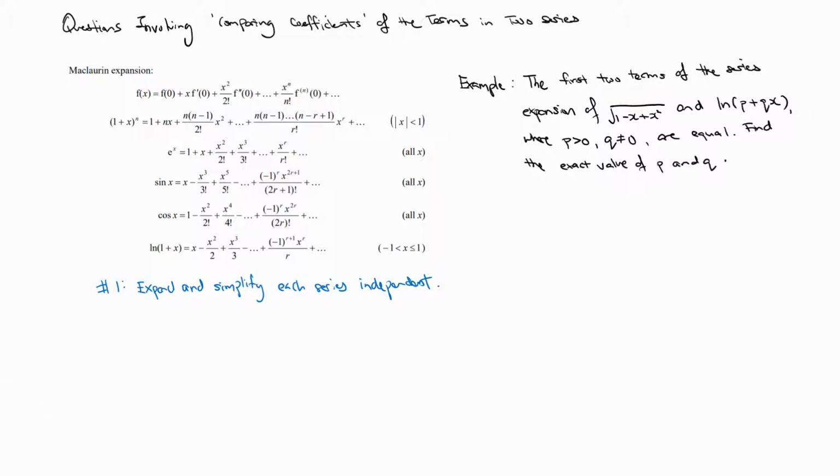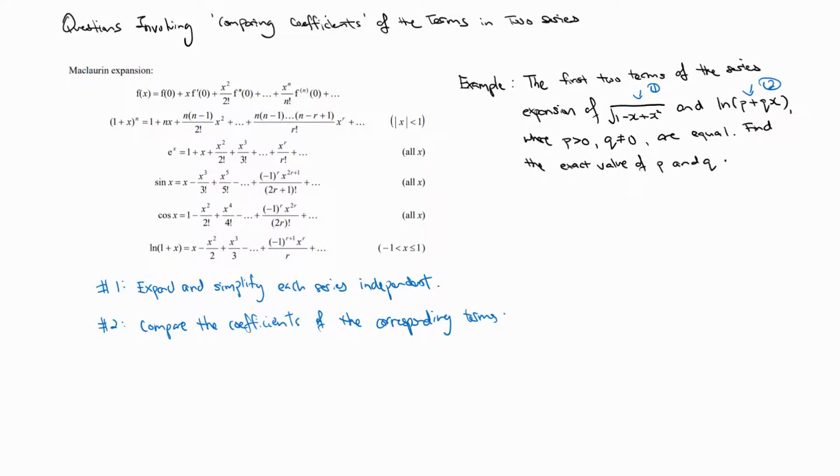The next thing, once we have that, is to compare the coefficients of the corresponding terms. You have to be very careful here. It doesn't necessarily mean that you will compare the coefficient of x cubed in the first series to the coefficient of x cubed in the second series.